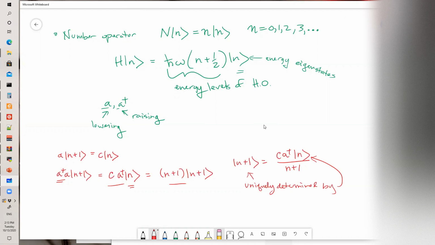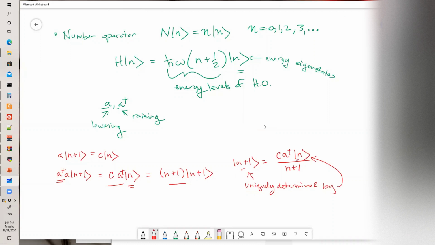And so if you ask, are these energy eigenstates degenerate? Well, if you can prove, for instance, that the ground state, the zero state, is non-degenerate, then everything else above that state must also be non-degenerate, just a unique state corresponding to that energy eigenvalue, because the raising operator uniquely connects the previous energy level to the one above it.